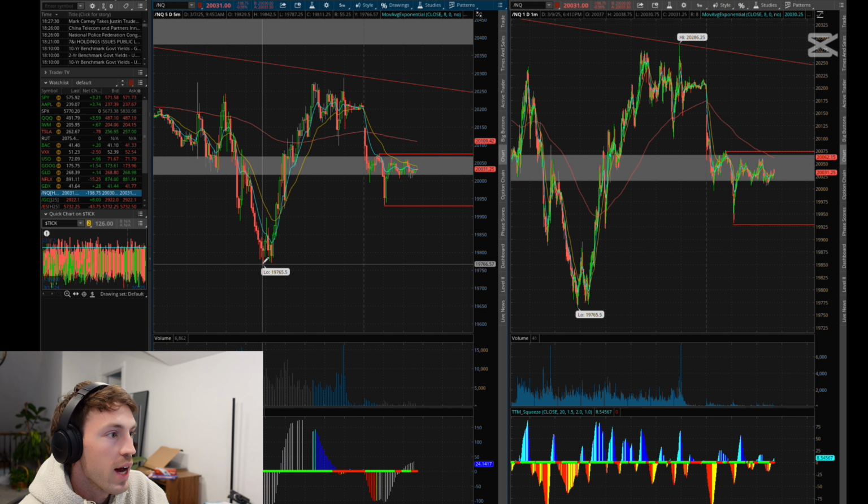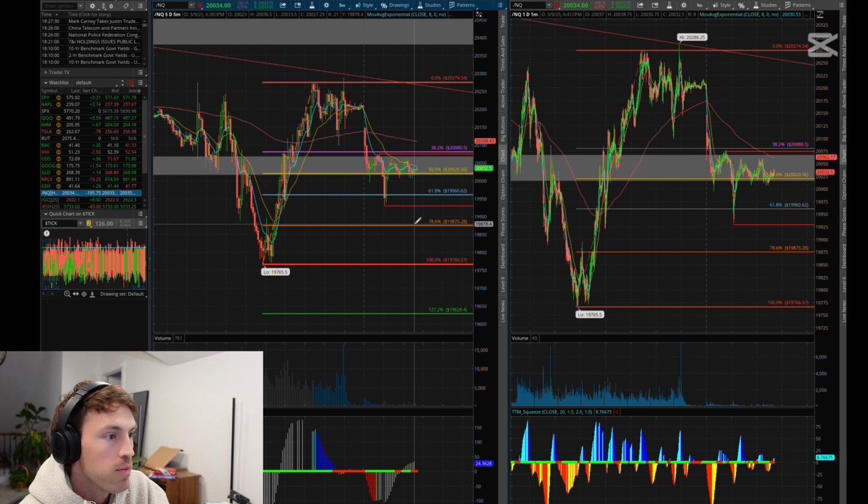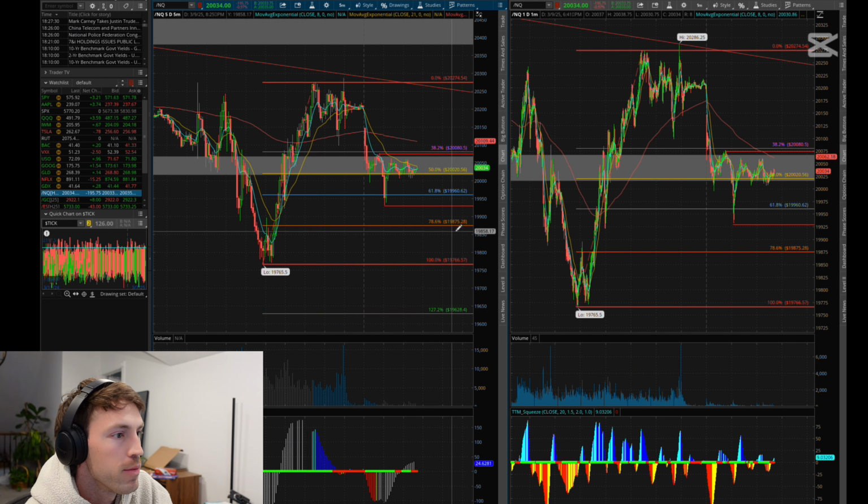And if you want to add another layer of understanding where price may terminate or pause, you can use Fibonacci. You can see here it pauses at the 50, almost comes back up to the 32, comes back to the 61, comes back above 50, right?